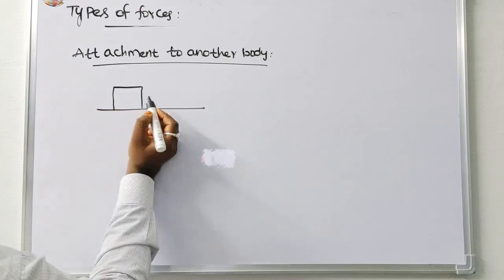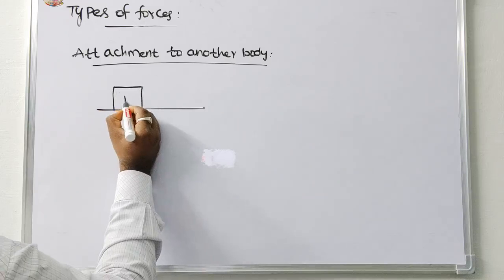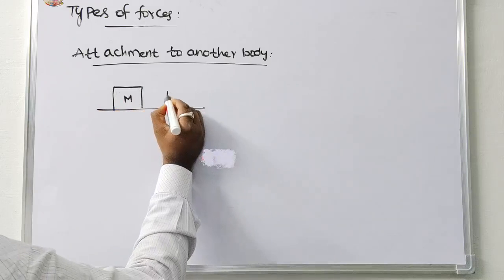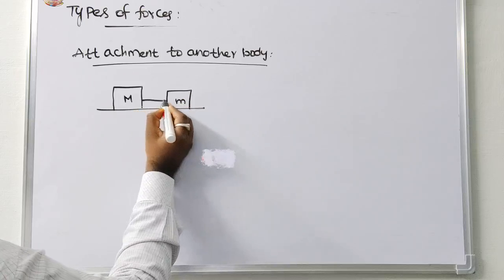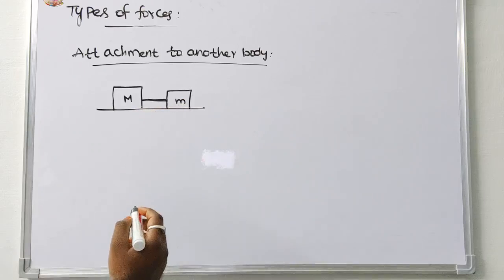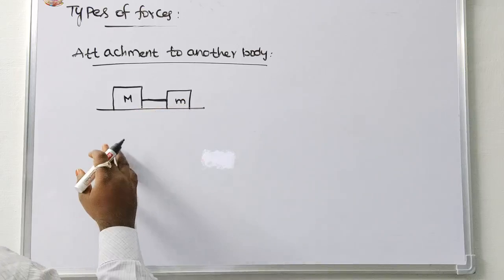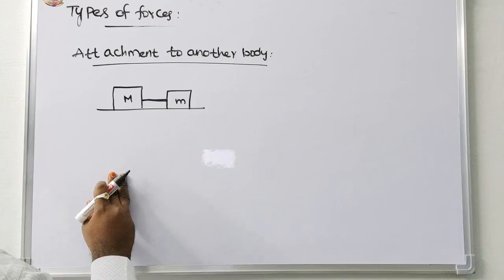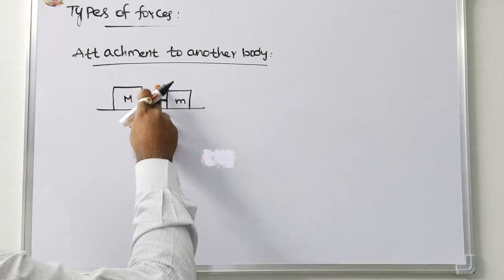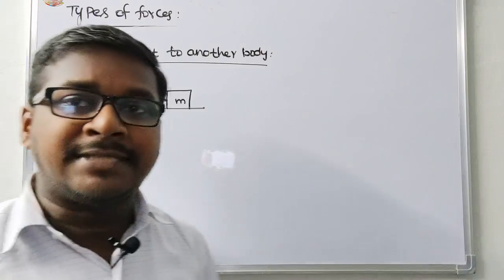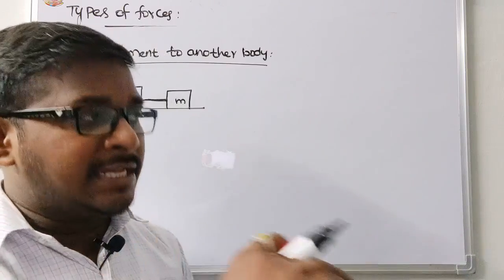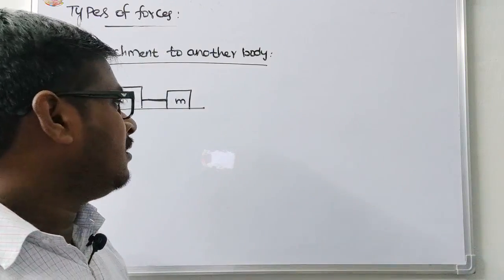Let us take two bodies: the first body of mass capital M, and the second body of mass small m, connected with an inextensible string.